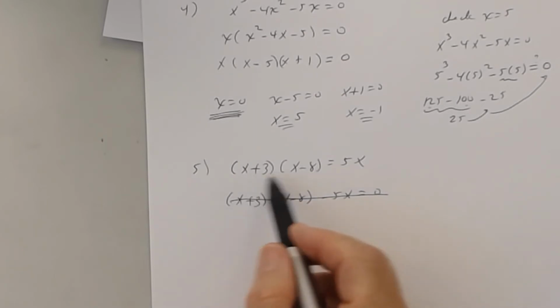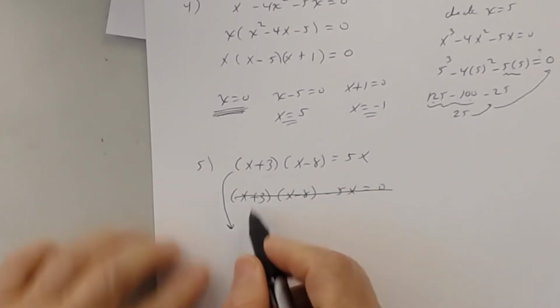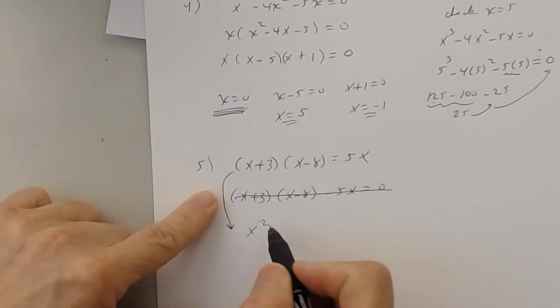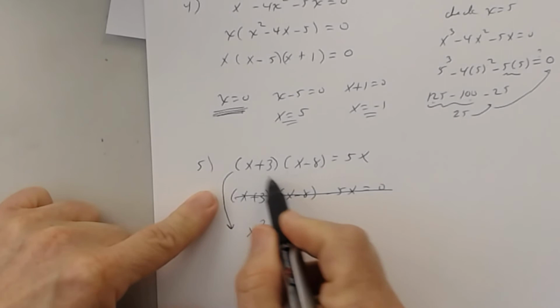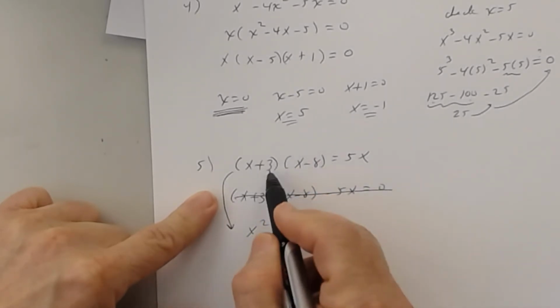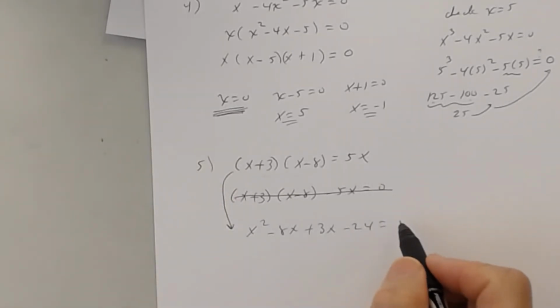And so if you multiply these two binomials out, you get x squared. What's the outer? Minus 8x. What's the inner? Plus 3x. What's the last? Minus 24. And that's equal to what term? 5x.